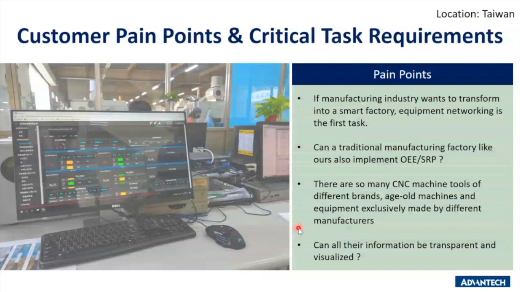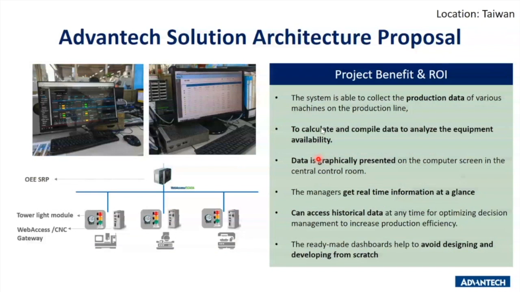So here is Advantech's solution architecture proposal. As you can see here, you can imagine a lot of different CNC machines, a lot of dedicated old machines on the floor. So first, very important, we have the CNC computer box here.